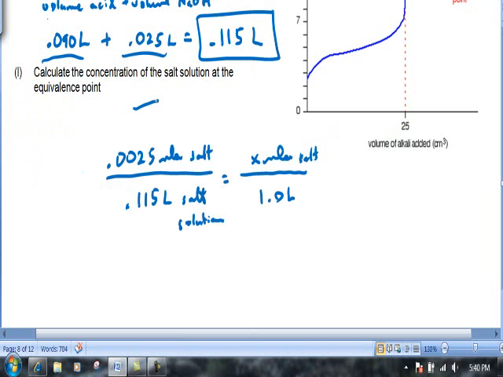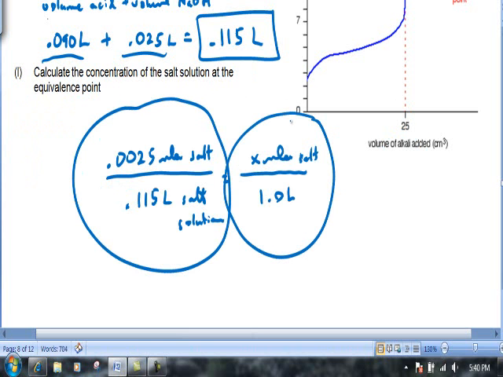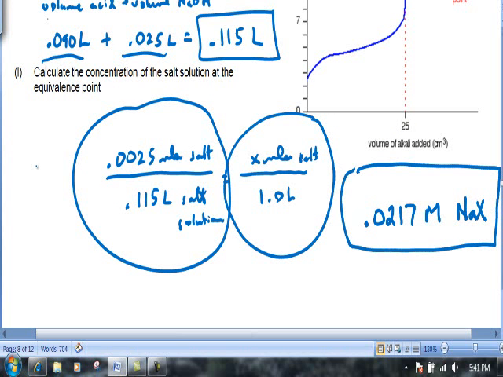We know we have 0.0025 moles of salt present in 0.115 liter. That'll give us X moles of salt present in 1 liter, which would be the concentration of our salt solution at the equivalence point. Solving, we get a salt solution that has a 0.0217 molar concentration for our salt, NaX, present at the equivalence point.